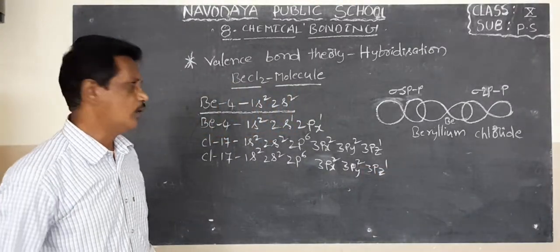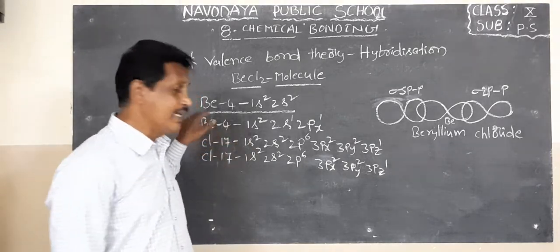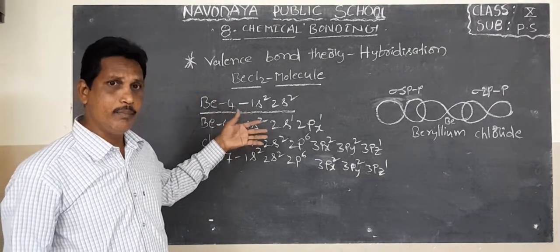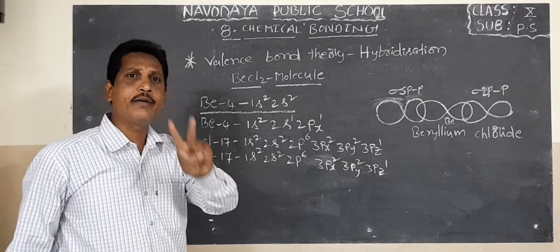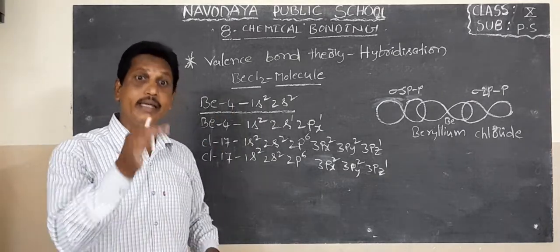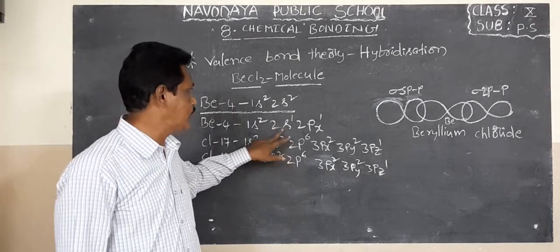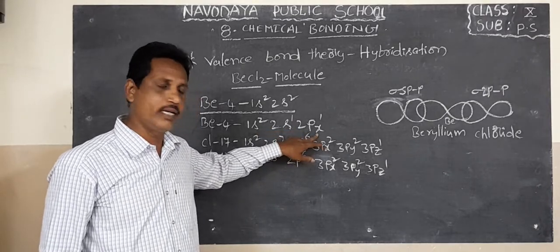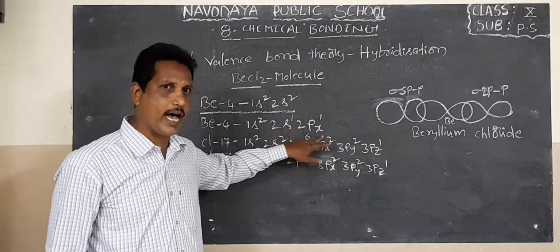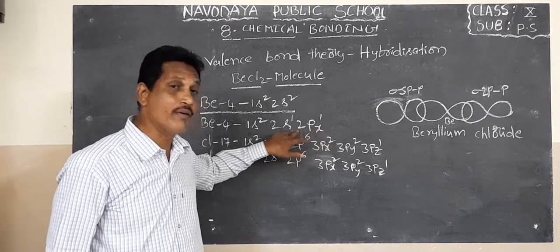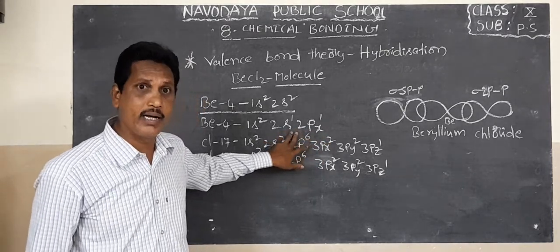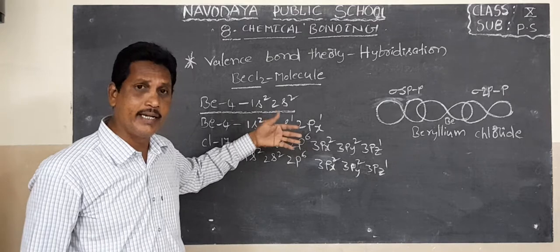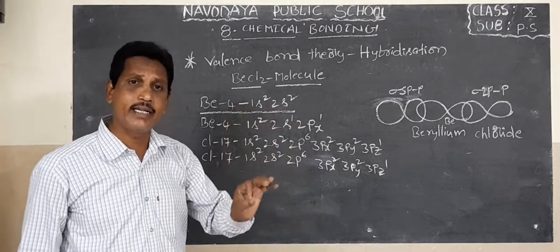So in the excited state, beryllium contains 2 unpaired electrons, one each in the 2s1 and 2px1 orbitals. These 2 orbitals have equal energy because they are present in the same main shell, the second shell.